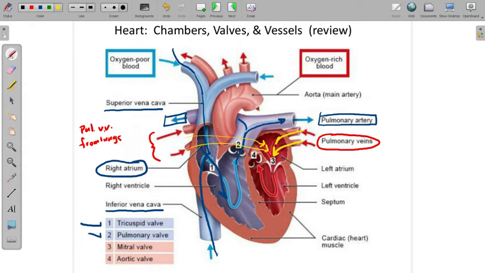And from the left atrium, it then goes into the left ventricle through the third valve, which is the mitral valve, into the left ventricle, gets pumped out through the aortic valve, which is the last valve. And then when it goes out through the aortic valve, it goes into the arch. And then we have our 3 branches that we'll go over. So that's pretty straightforward, pretty much review.